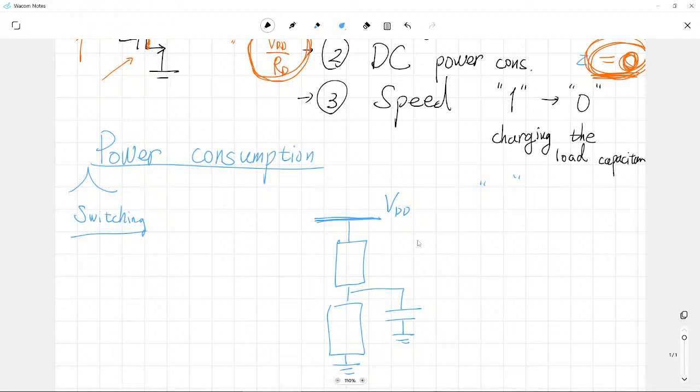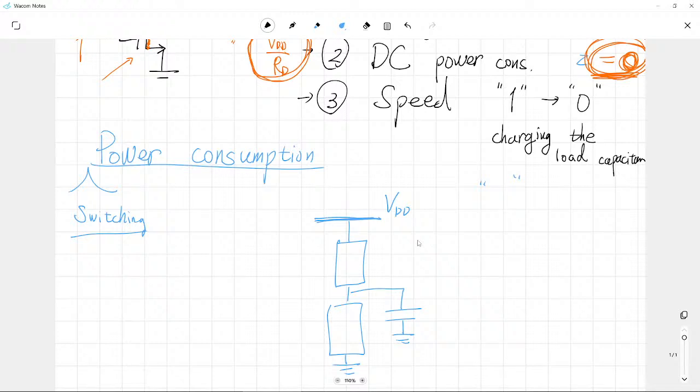In our simplest CMOS inverter, it can be a PMOSFET and an NMOSFET. Of course, the inverter is the simplest one in our logic family. You can implement NAND, NOR, any kind of logic implementation can be inserted in this part.